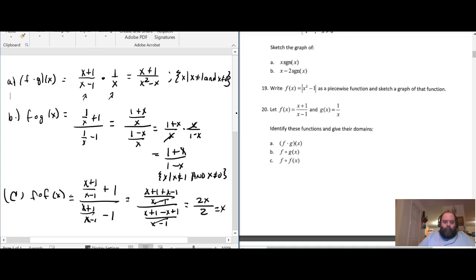So this thing is x, so long as x does not equal 1. Right? So there you have it. That's problem number 20.